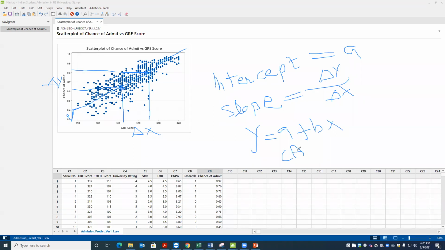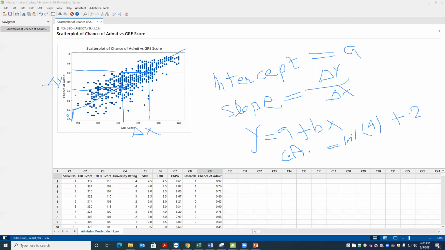Chance of admission, I'm just writing in this simple term, equal to A, which is the intercept, and whatever value it is, like I can write here 0.4. 0.4 is the intercept value, plus B is the slope. So this B, let's say I'm writing some 0.2 or something, if I calculate, okay, I can do it here.